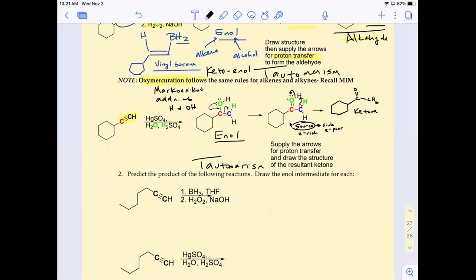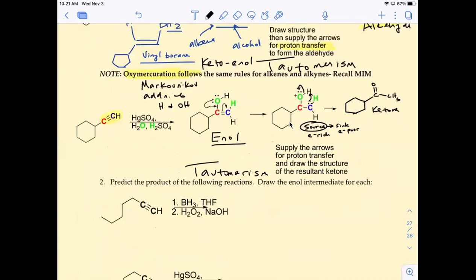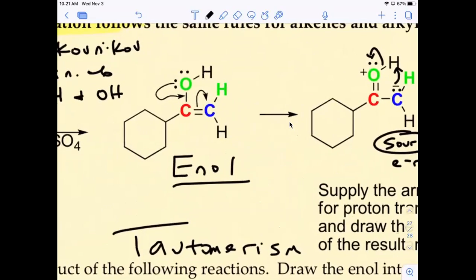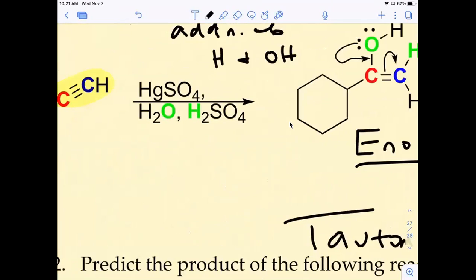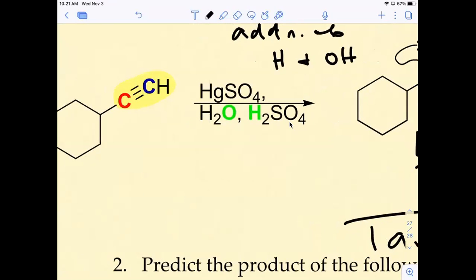I think I missed the part where you're talking about what an enol is exactly. Yeah, so it's this intermediate. This is the product of that first reaction, right? We know that if we take mercury sulfate and water and sulfuric acid, when we add that to a triple bond, not a double bond, a triple bond, it's going to give me the same thing that I would get if I added mercury acetate and water and sodium borohydride to a double bond.